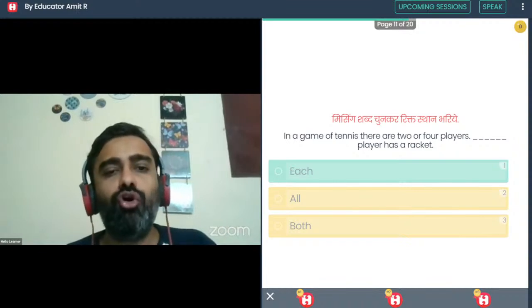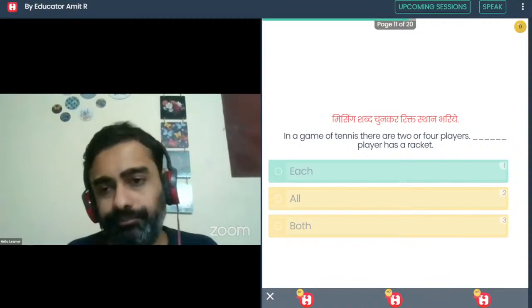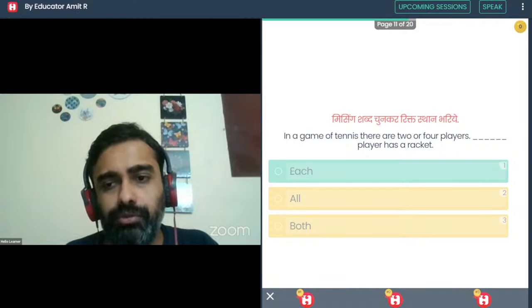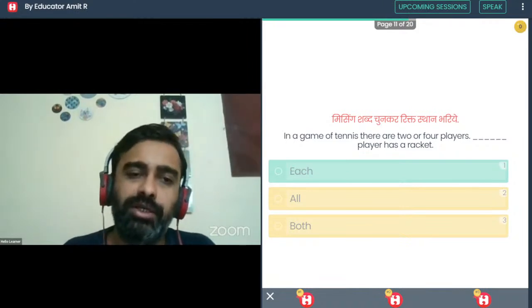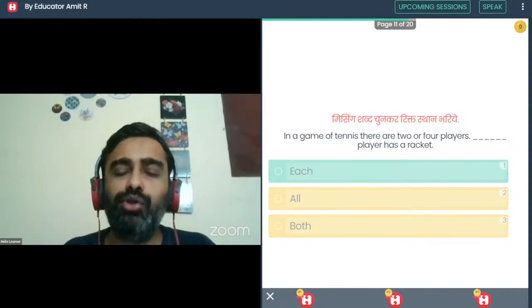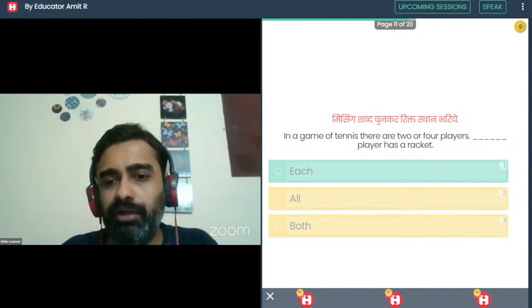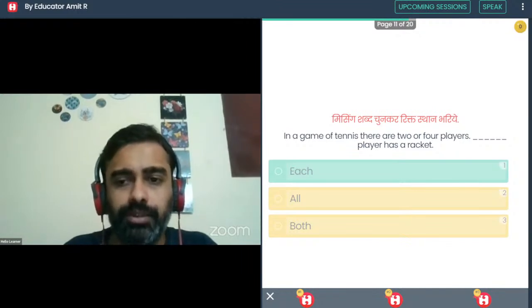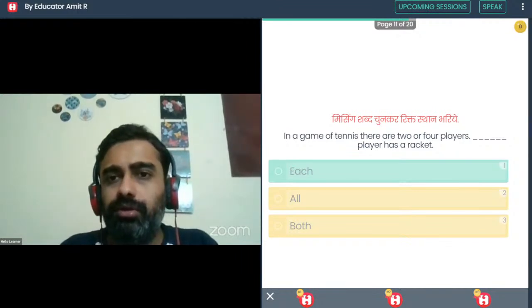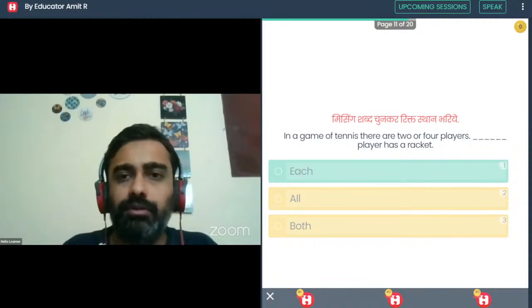You'll need to use all players have a racket. You understand? Because you are taking into account two as well as four players. It's not just the two. Both can be used when? Only when there are two people, right? You got it? Yeah, got it. So it depends on what is the sentence, basically.